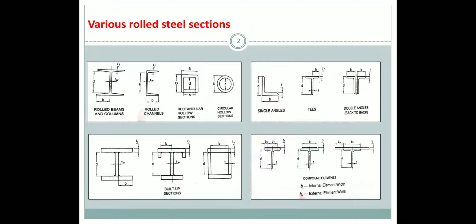The I section consists of the thickness of the flange, denoted by T suffix F. In the given first figure, TW stands for thickness of web, the vertical component which is joined by the two flanges, known as the web, where D is the depth of web.